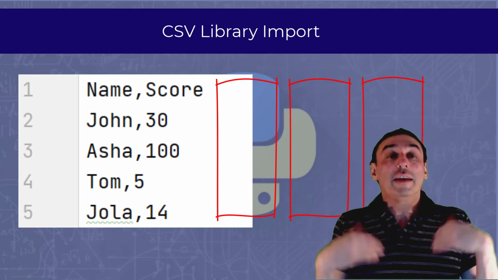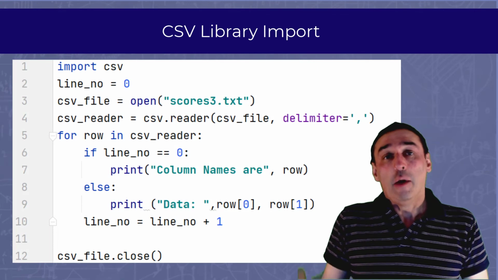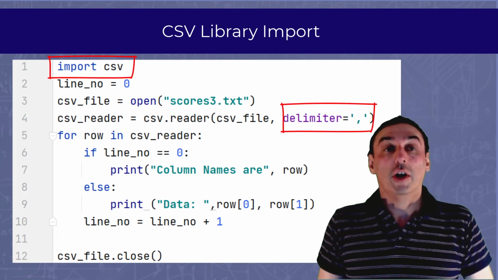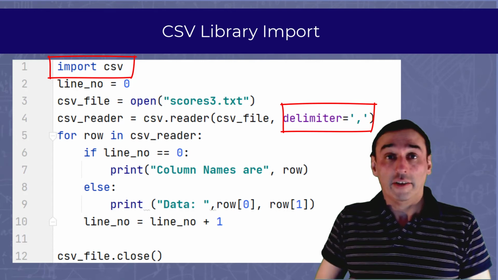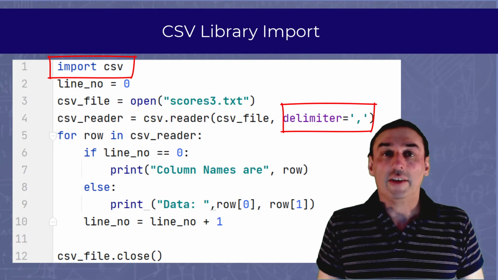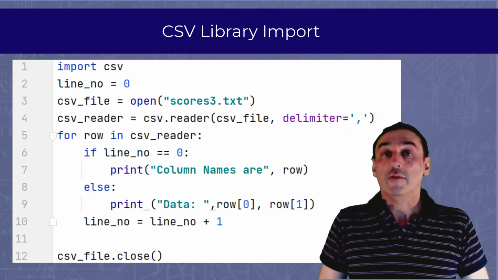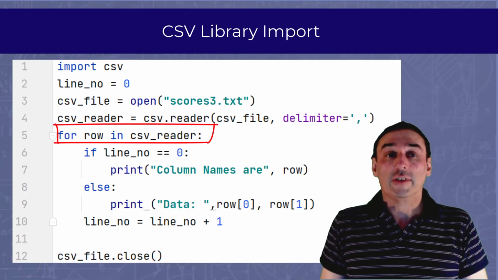So also we can have the CSV import shown here, and with the CSV import you can then simplify your code by simply specifying the delimiter, the thing that separates the columns, in this case the comma, and then we can simply loop through the row, the list, without having to do any further processing.